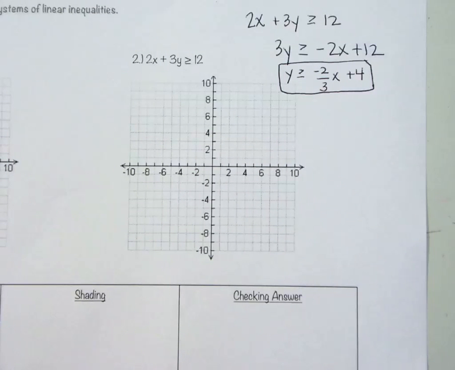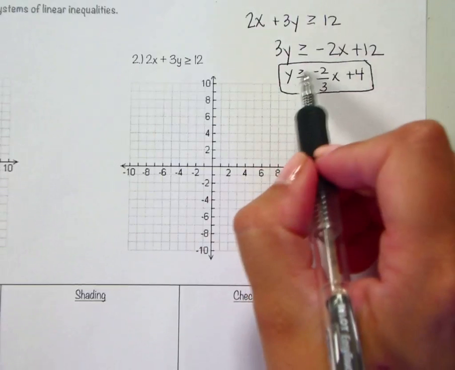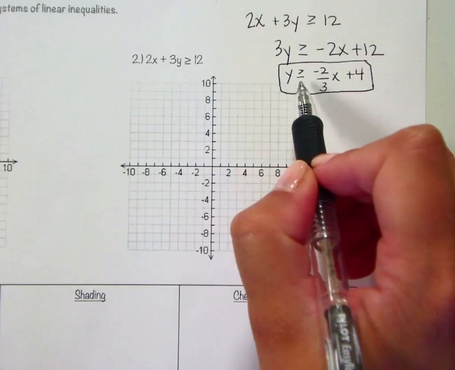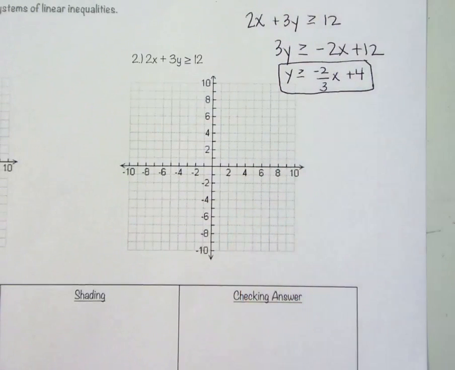Okay, before we even go to graph the line, let's think about what type of line it's going to be and which way we will shade, okay? So with the symbol greater than or equal to, what kind of line, dashed or dotted? I always say that, dashed or dotted, that's the same thing. Solid or dotted, what kind of line will we have? Kale?